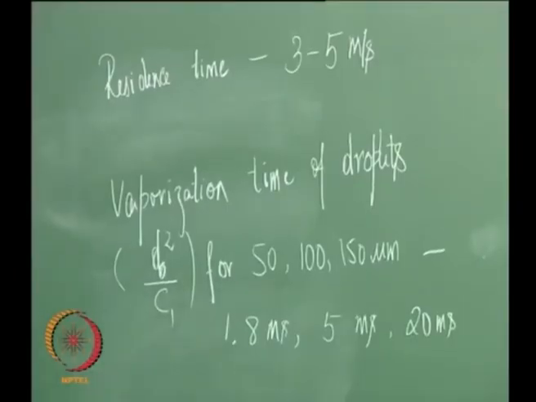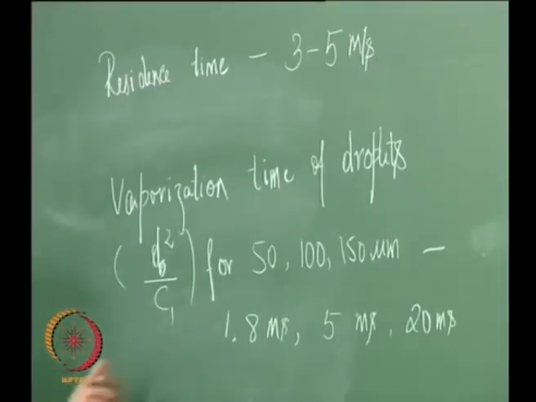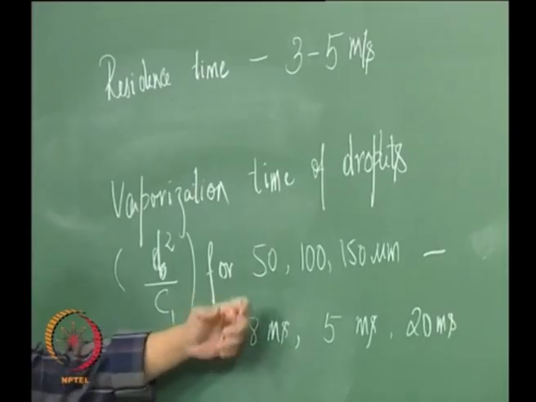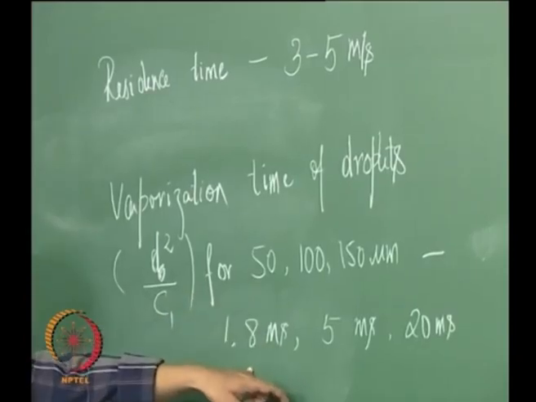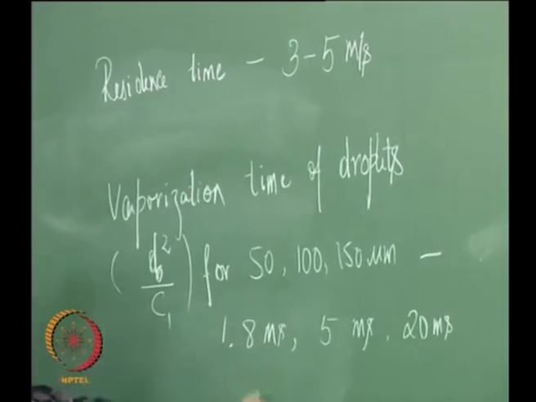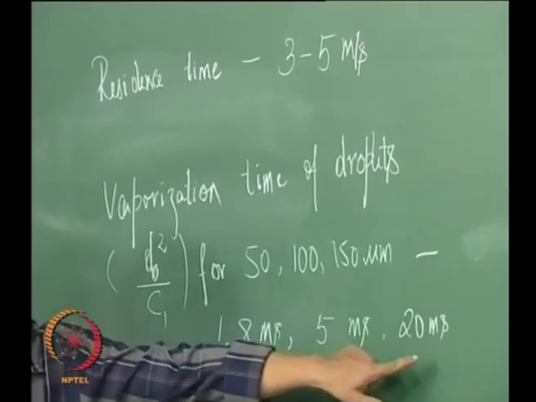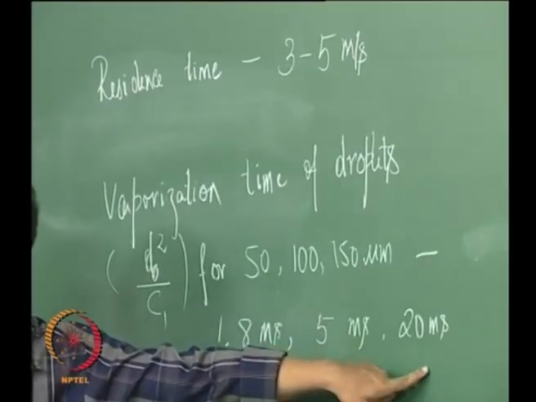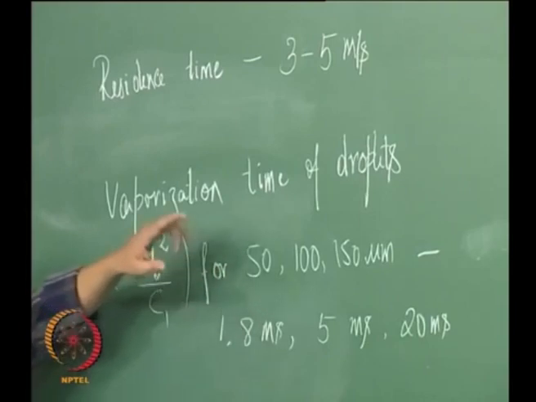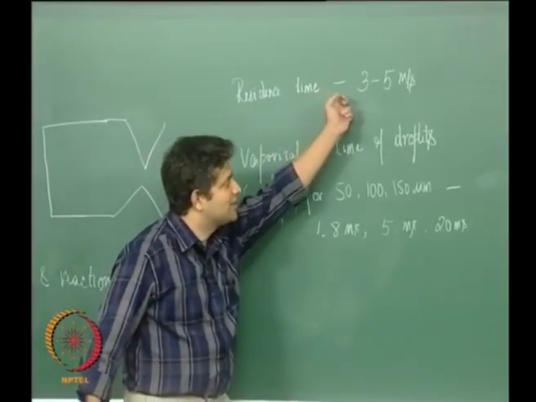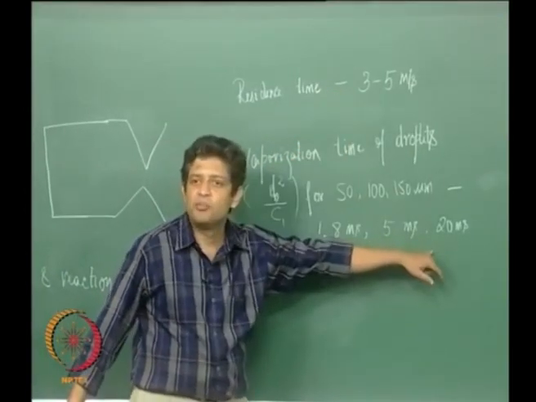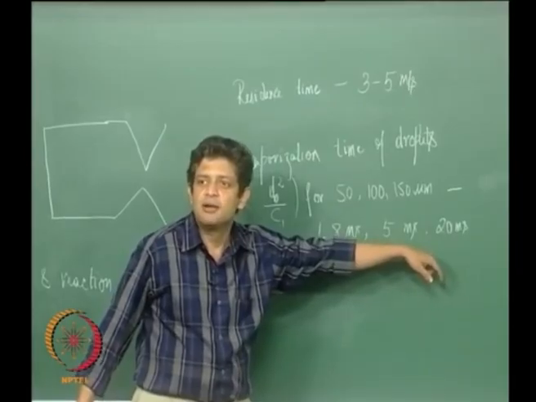If you notice here, if the droplet diameter is small, then the vaporization time is small. If the droplet diameter is large, then the vaporization time is very large, and therefore if you have a residence time, then most of the reactions won't get completed.